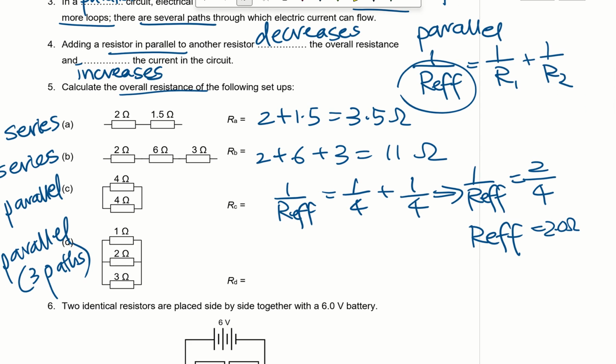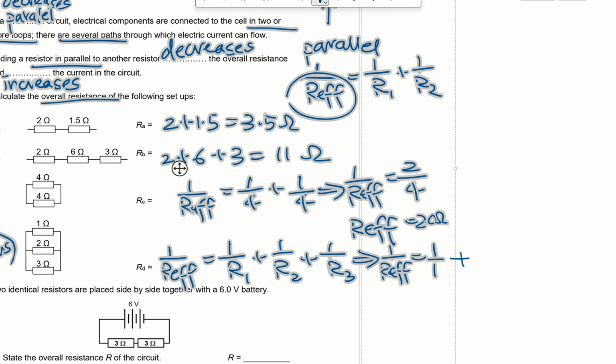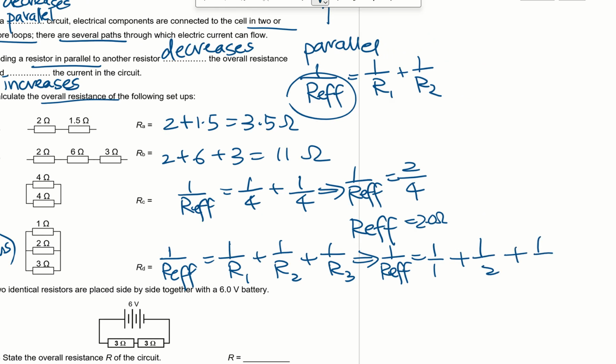How about for RD? Again, I apply the formula for resistors in parallel. 1 over R1 plus 1 over R2 plus 1 over R3, and I will get something like 1 over 1 plus 1 over 2 plus 1 over 3. Make them into common denominator.